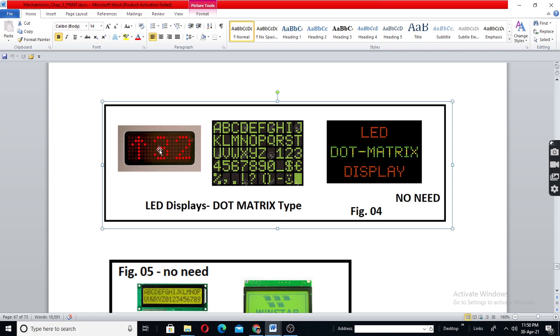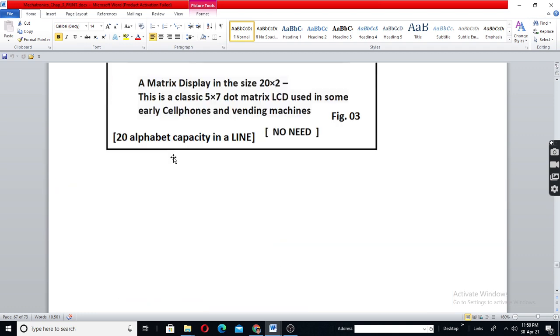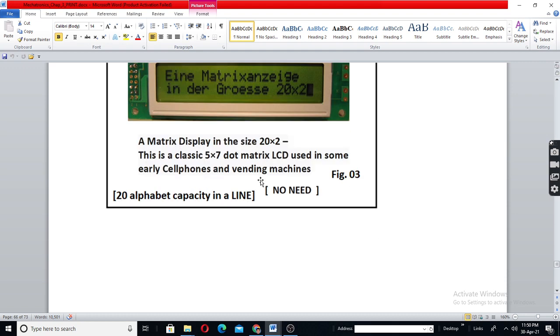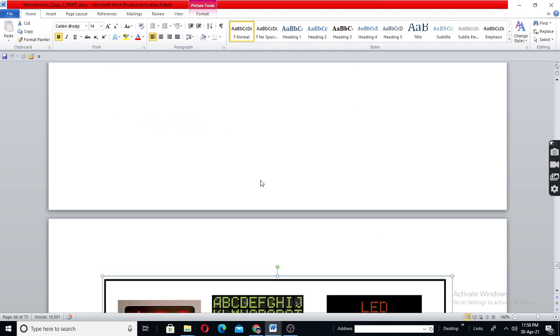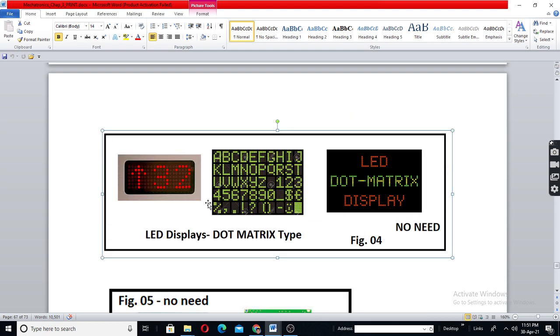Here you can see 5 dots in the x direction, and in the y direction, horizontal and vertical, you have seven dots. So in the head there will be 5 into 7, 35 pins, in a rectangular arrangement.